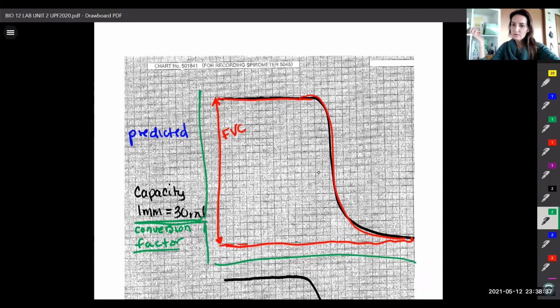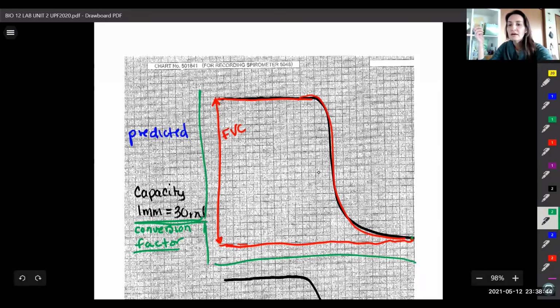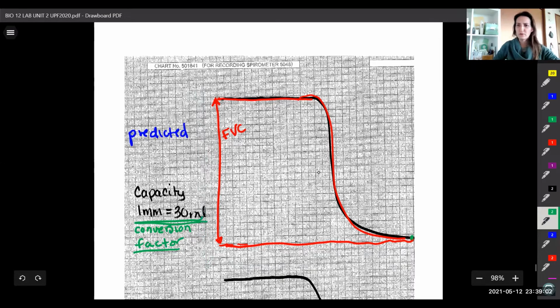You don't want to use, in particular, this bottom line as your starting point. You want to use where the line for the expiration ends. That's your baseline, right? That's where the volume is complete. So you don't want to use anything below that that is not actually attached in any way to that line that's drawn on the paper. Do you know what I mean?